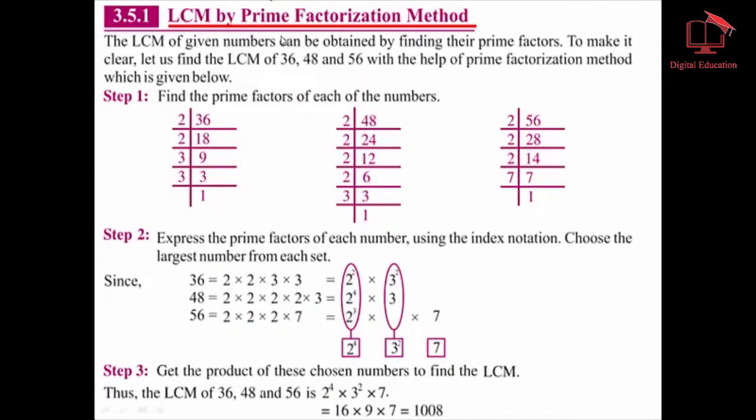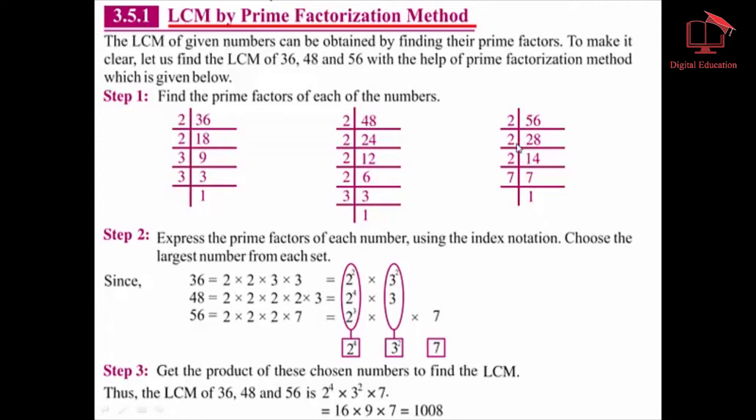In the prime factorization method, here we have one example. Let's discuss it. We have three numbers 36, 48 and 56. This is the prime factorization of 36, of 48 and of 56.